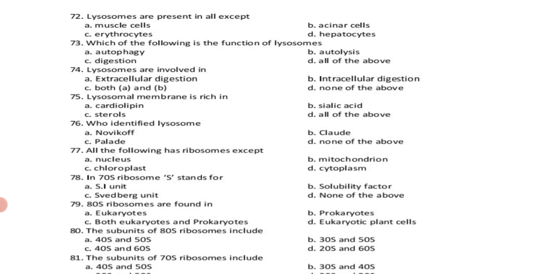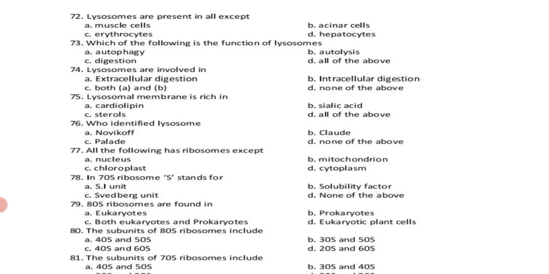The lysosome functions in autophagy. Autophagy means self-eating. It is a catabolic process in a eukaryotic cell that delivers cytoplasmic components and organelles to a lysosome for digestion. So autophagy, digestion and autolysis, these three are the functions of a lysosome.